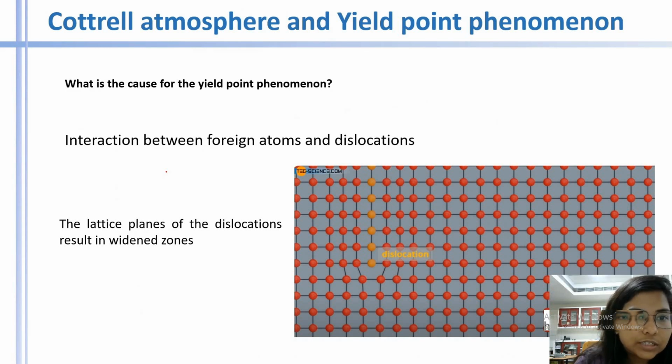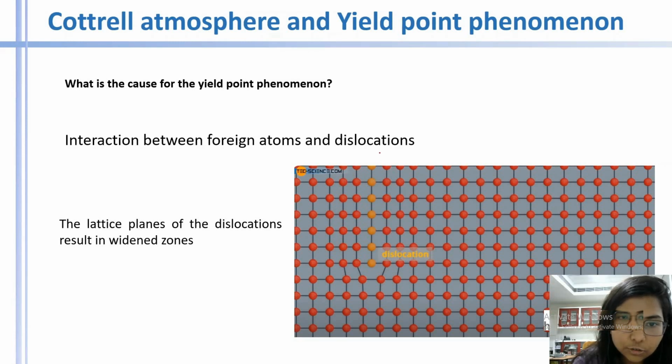Okay, so what is the cause for this yield point phenomena? The cause for the yield point phenomena is the interaction between foreign atoms and dislocations. This is very interesting. Initially we had a perfect lattice, so there is nothing.